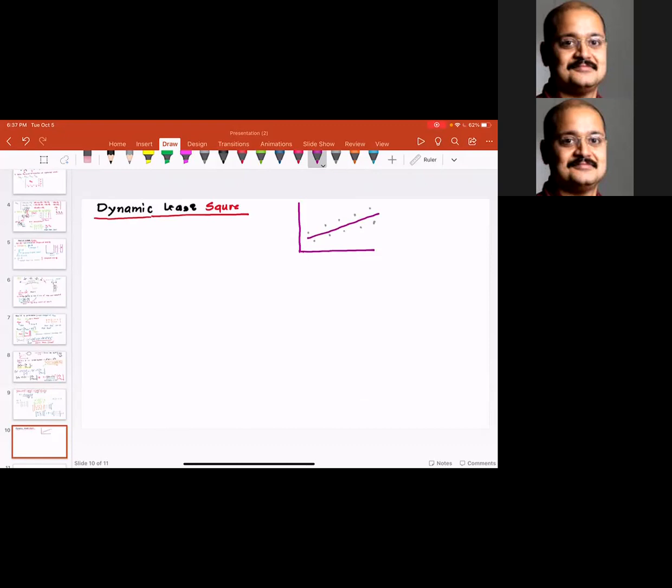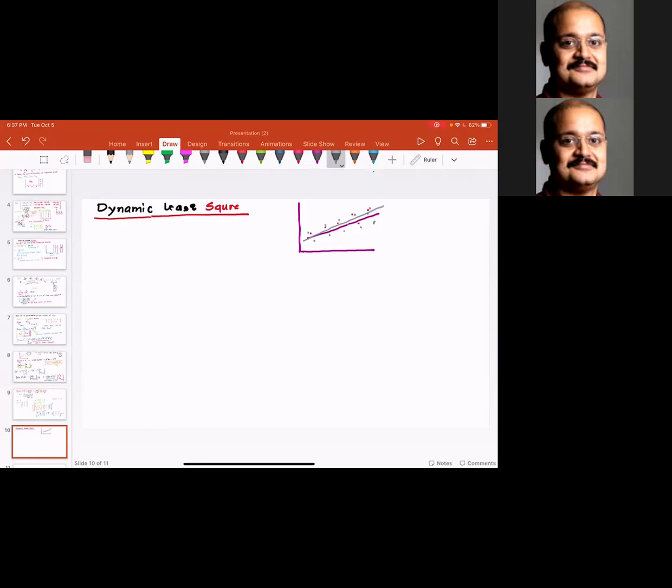Now, what happened at time t equal to 0.1 second, that data changed. So the data got shifted. Now, clearly, the previous least square solution, which was valid, is no longer valid. So what you want to do is update this least square solution for the new data.